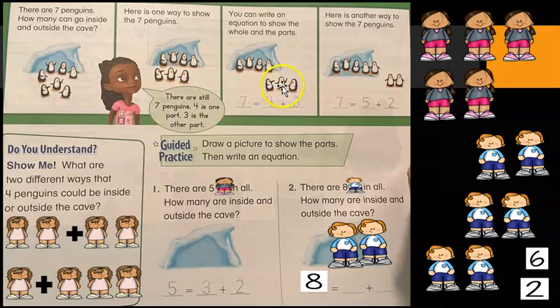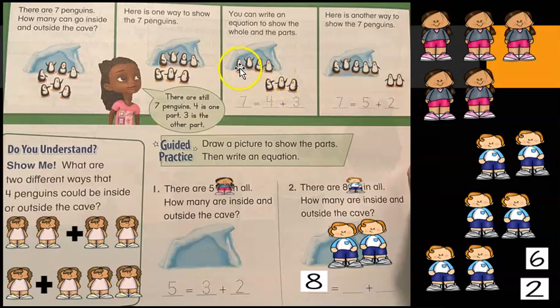How many penguins are outside the cave? 3. Look at that. 1, 2, 3. There's 3 outside. Now look here. Since 3 penguins are outside, 3 now is right here. 3 is going into the addition equation.